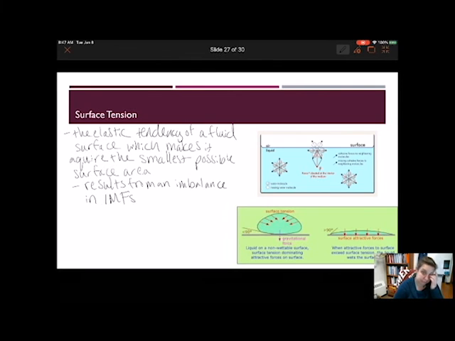If we have something that really likes itself, it's going to try and drag itself in. It's one of the reasons that things can kind of walk across water, like bugs. So water molecules, for instance, will draw other water molecules in, making your surface smaller than normal.